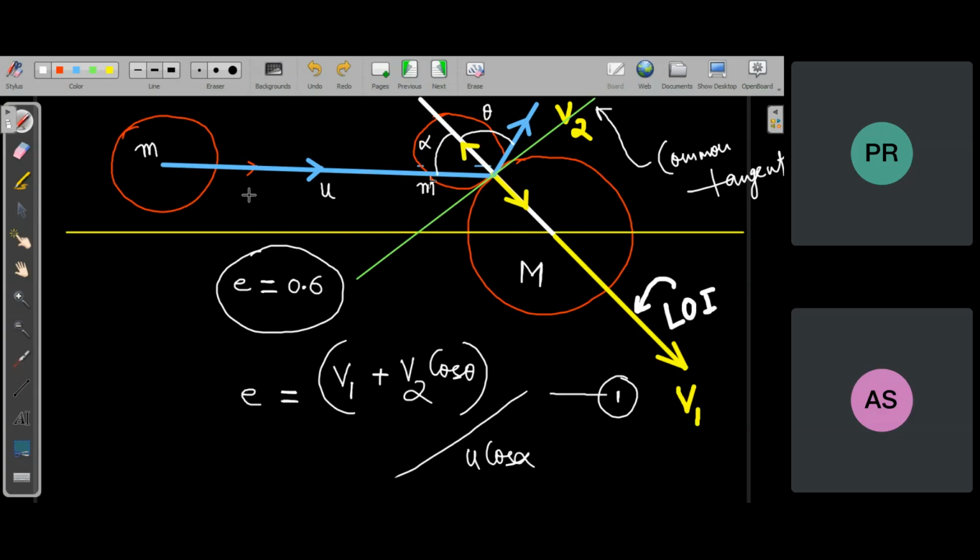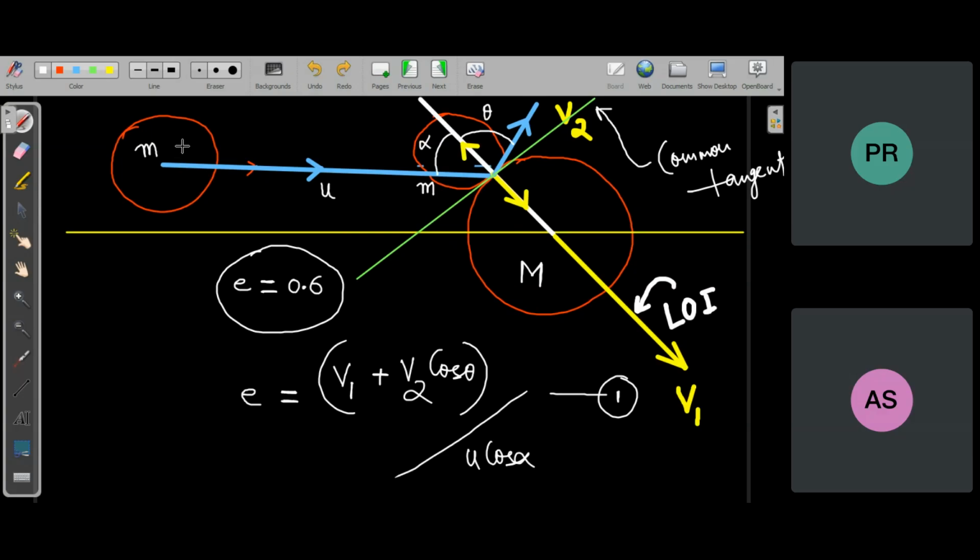Because the force is along the line of impact, that force has no component along the common tangent. So the linear momentum of this particle individually is also conserved along the common tangent.